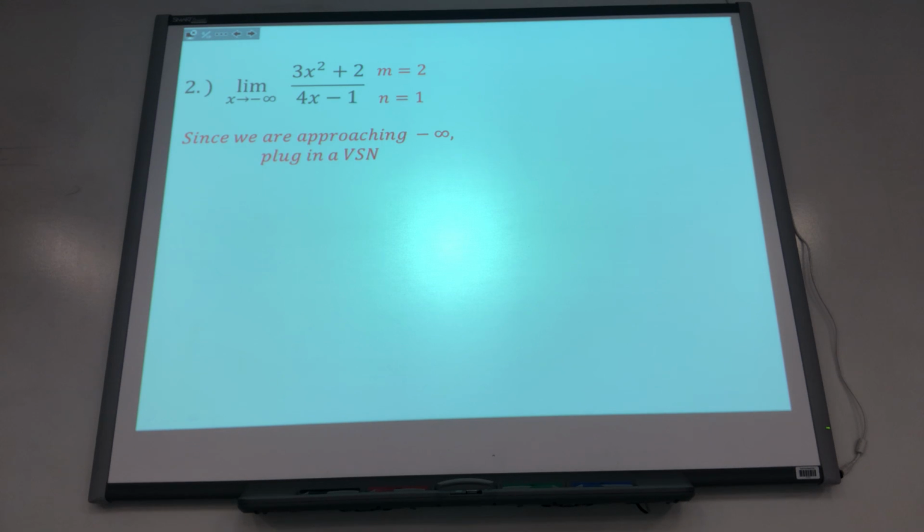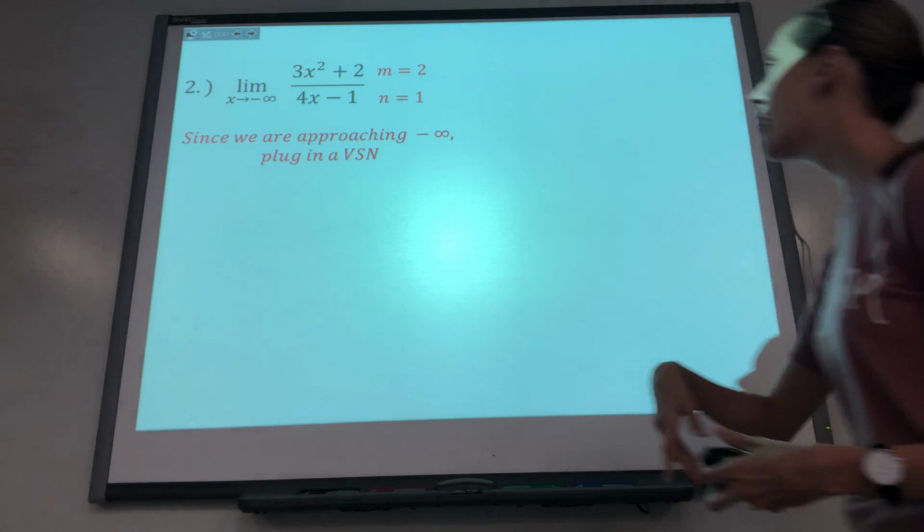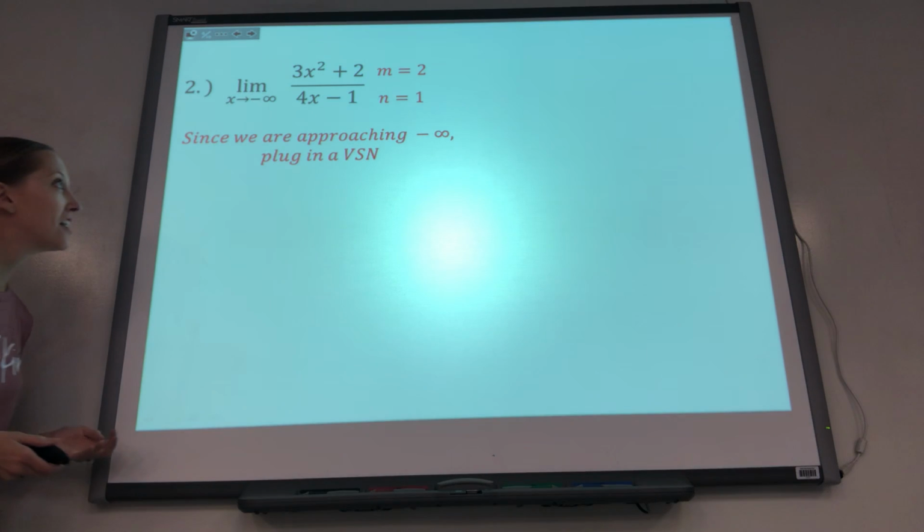But this says, since we are approaching negative infinity, plug in a very small number, because negative infinity is a very small number. If it was positive infinity, I'd plug in a very big number.